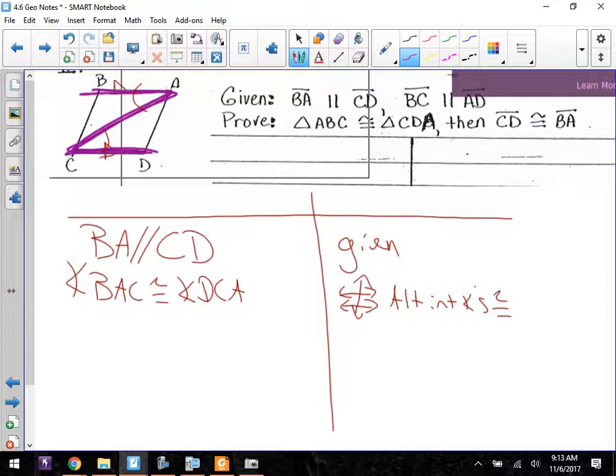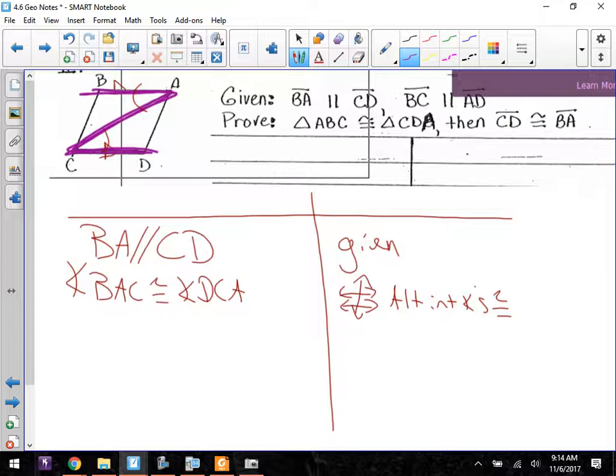That's how you write out your reason for when you have parallel lines. You have to write it out completely. You have to have that little symbol, and you have to say the right angle correspondence. More often than not, it's going to be alternate interior, especially if you can make a Z. If you can make a Z, it's alternate interior.